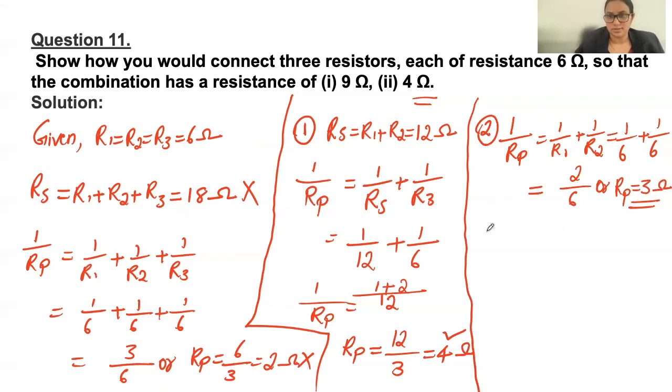Then this resistor is connected in series with the third resistor. 3 plus R3 value is 6. So what do you get? 9 ohm. So you got the two values, that is 9 ohm and 4 ohm. That is the final answer.